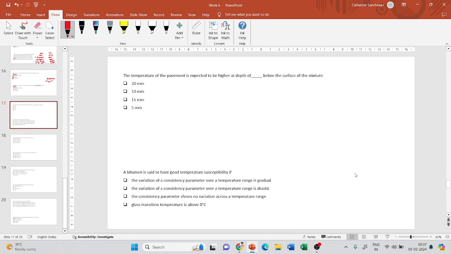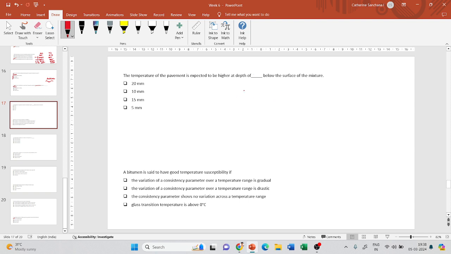Moving to the next question. The temperature of the pavement is expected to be higher at a depth of dash below the surface of the mixture. So, we need to measure the high temperature and low temperature of the place in order to find out the high and low pavement temperature, to decide what grade of bitumen can be used for this pavement, right?